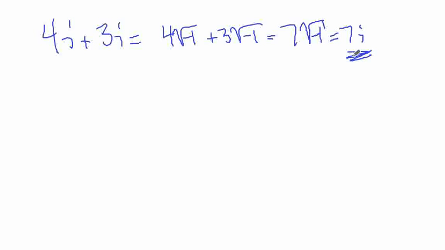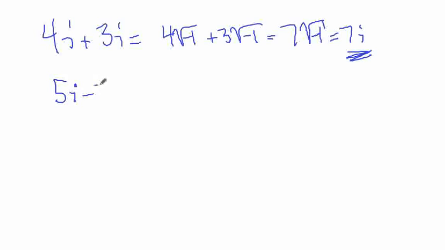What I just showed you is a definition that would be the natural way to define it, and indeed, that's how we define the addition of imaginary numbers. We also define subtraction likewise.